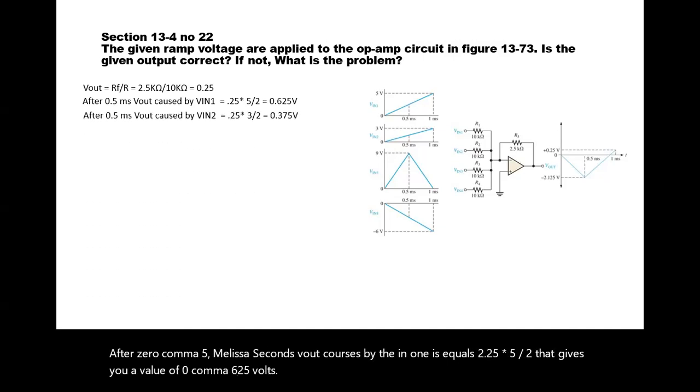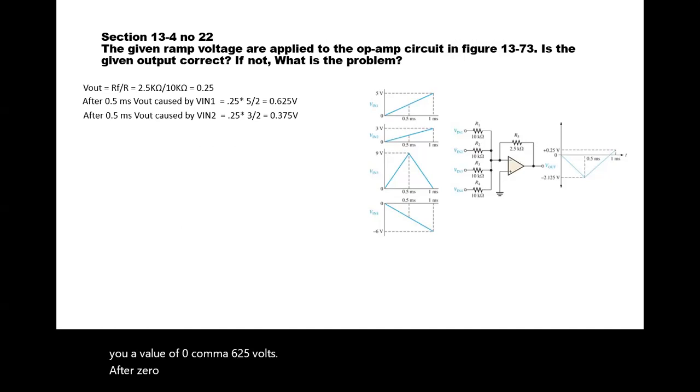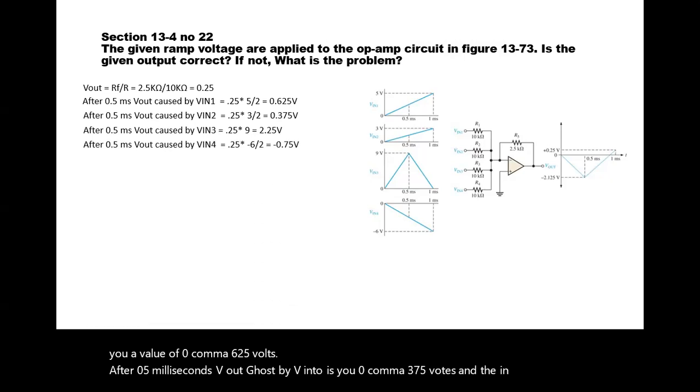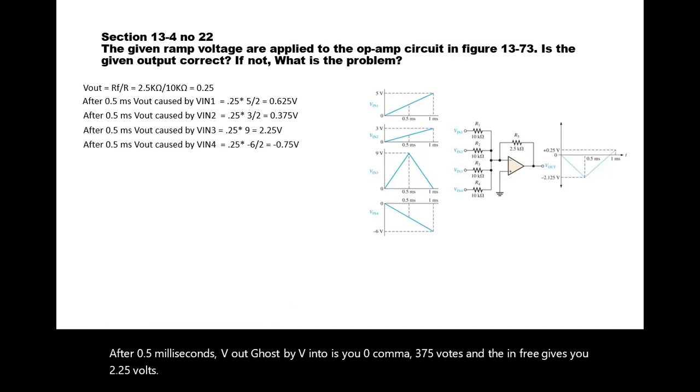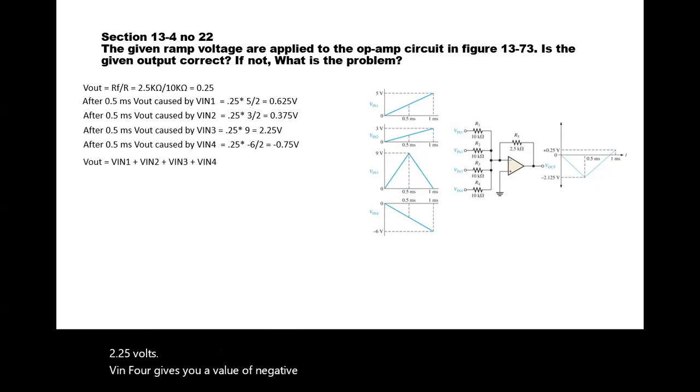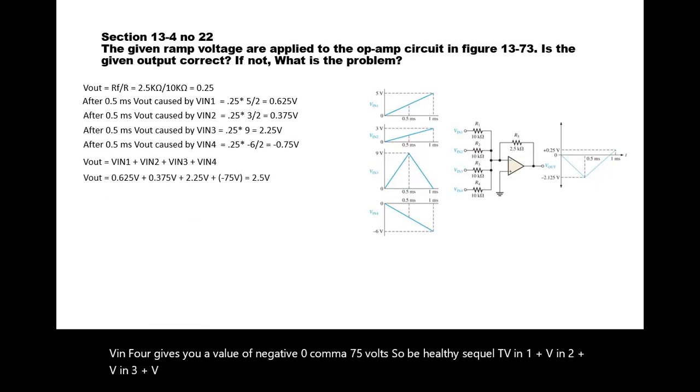After 0.5 milliseconds, V out caused by V in 2 gives you 0.375 volts, and V in 3 gives you 2.25 volts. V in 4 gives you a value of negative 0.75 volts. So V out is equal to V in 1 plus V in 2 plus V in 3 plus V in 4, and that gives you a total value of 2.5 volts.